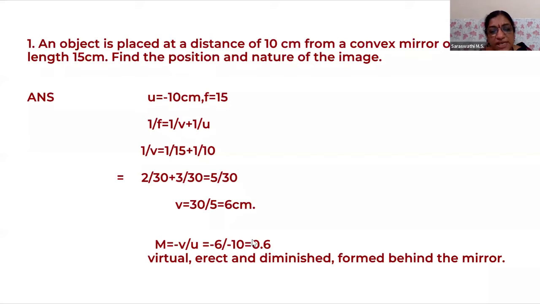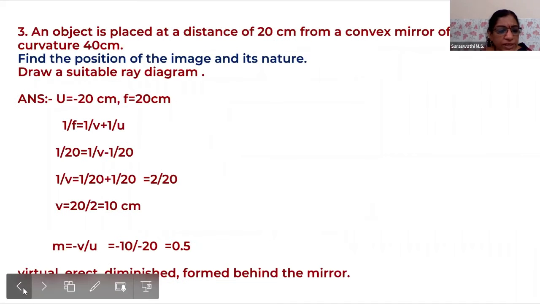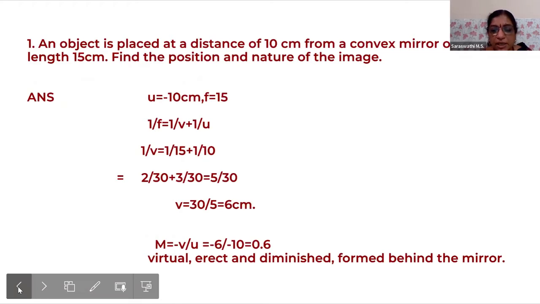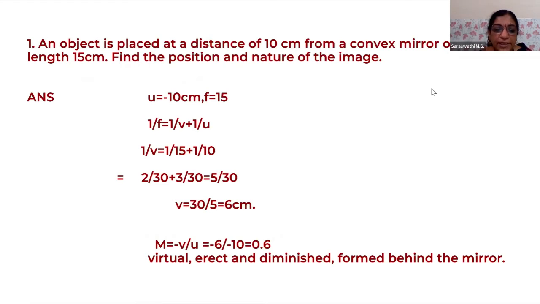The positive sign in front of magnification tells you that it is a virtual erect image, and any value less than 1 is always a diminished image. It is formed behind the mirror. Convex mirror image is always formed behind the mirror.